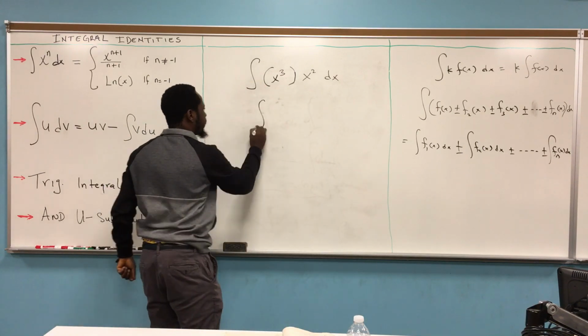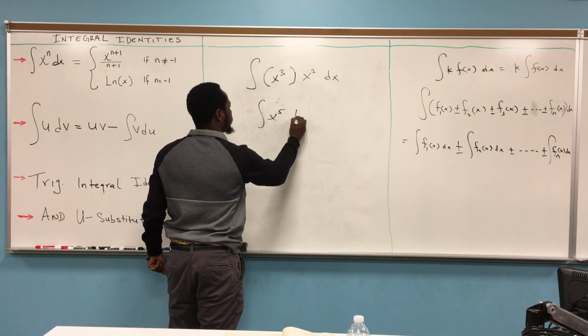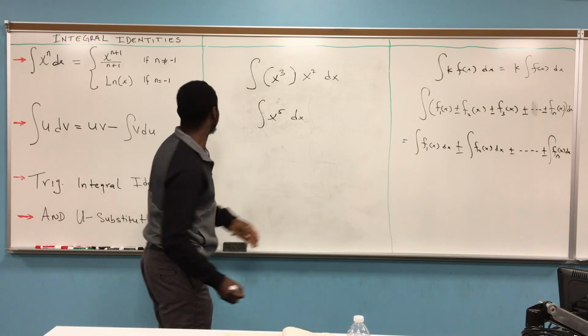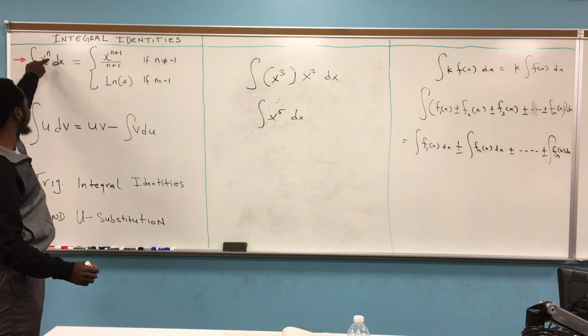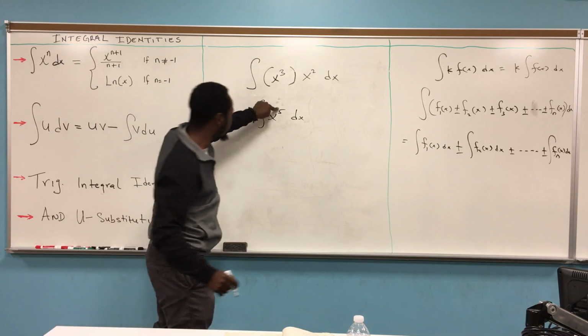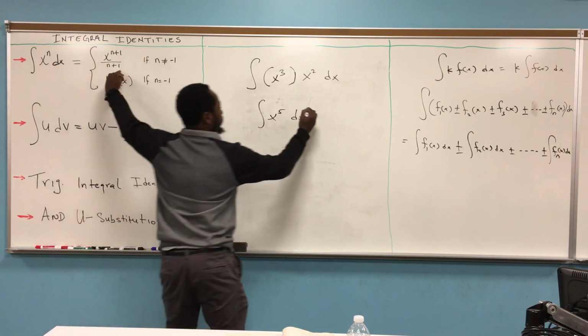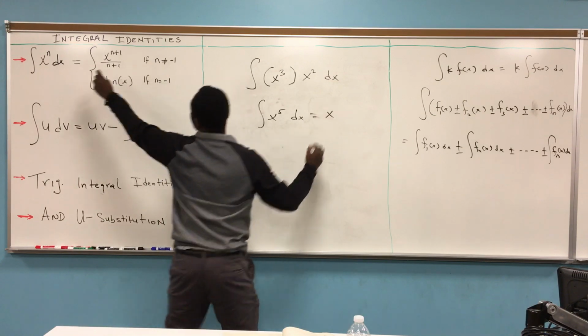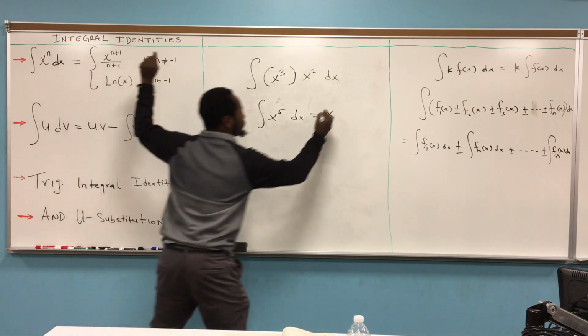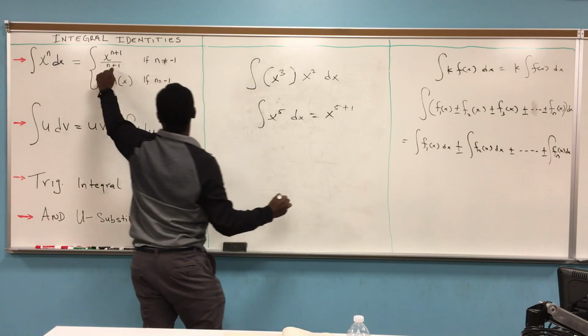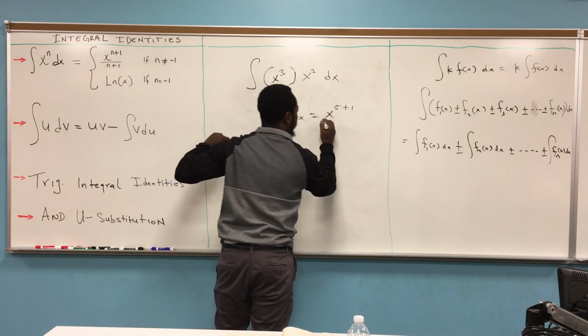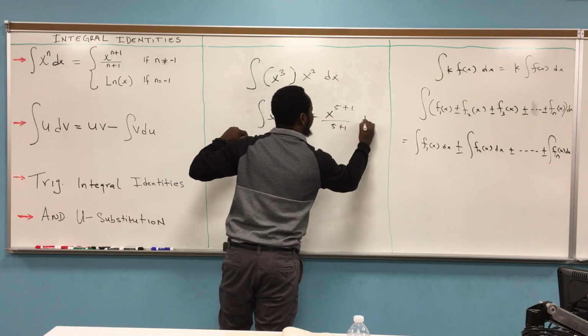Like I said, you have x to the fifth dx, right? And based on this, the exponent is 5, so you just have the solution as this. It's going to be x to the n, which is 5 plus 1, and then you divide by the new exponent, which is 5 plus 1, plus c.